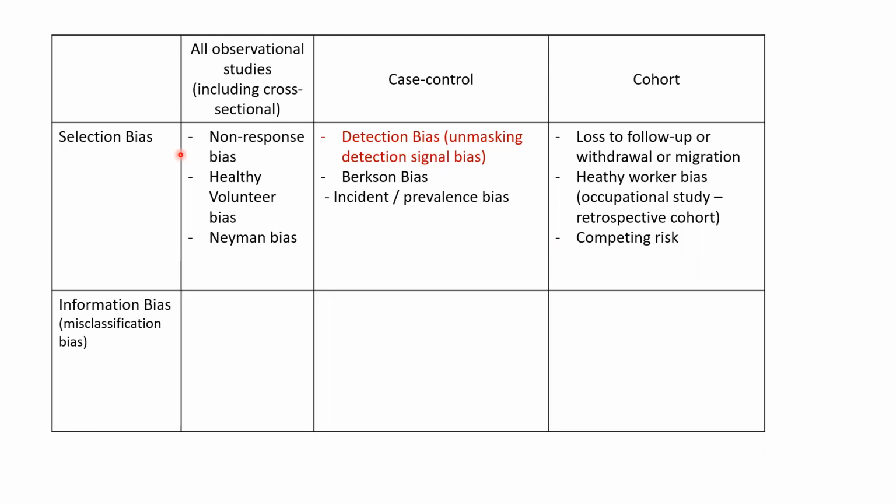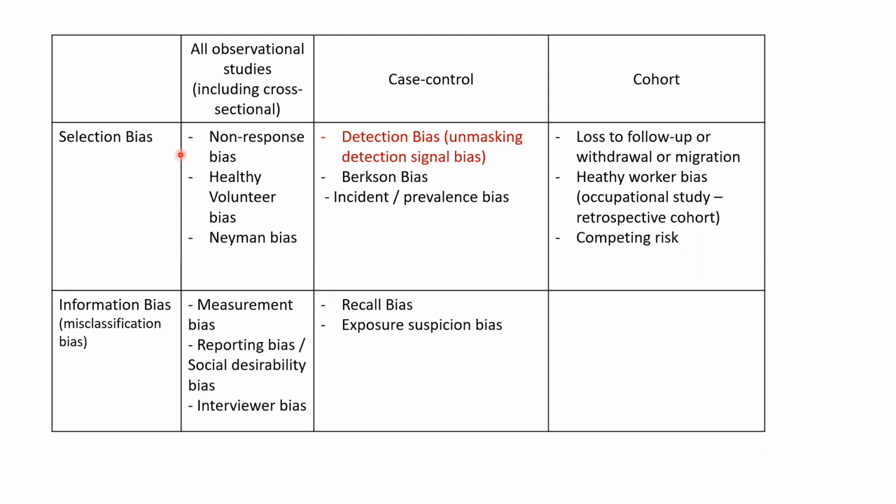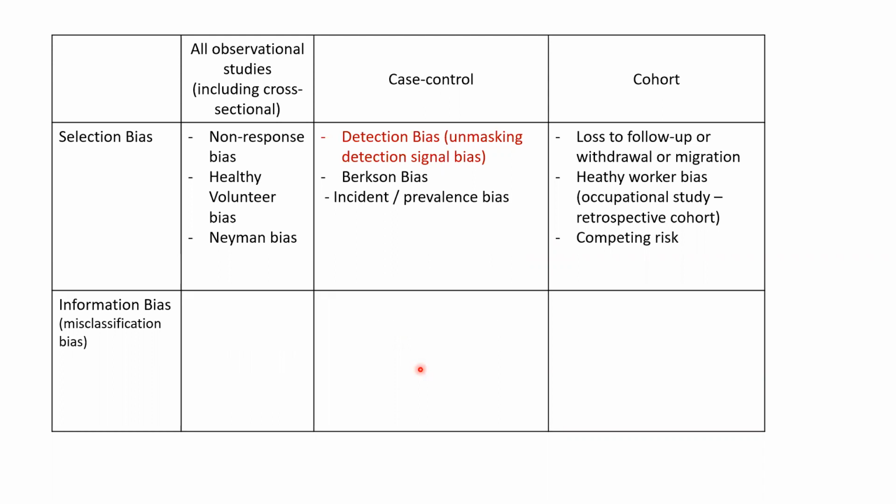Cross-sectional and case control. It's in both, but specifically in case control. So what else do you remember? What else do you think we can have now? I already added a few of them, but if you have other... We have reporting bias. Reporting bias, yes.